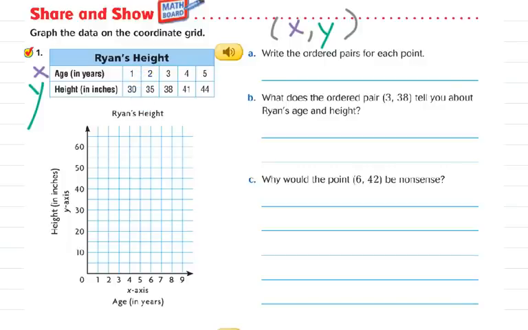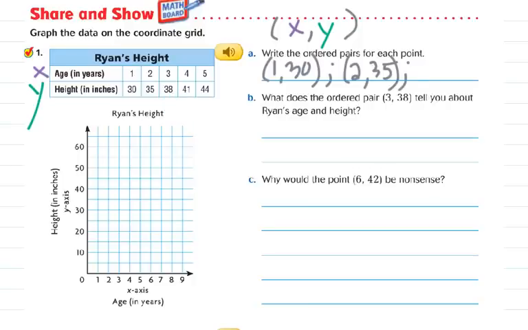So we're going to write down these ordered pairs, and we're going to separate them with a semicolon. The next ordered pair is going to be parentheses 2, comma, 35, and parentheses. Next ordered pair is going to be 3 on the x, 38 on the y.